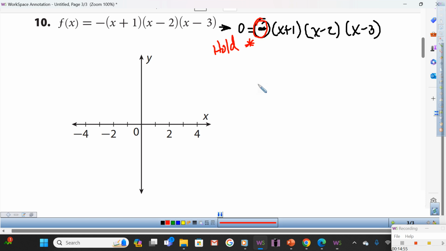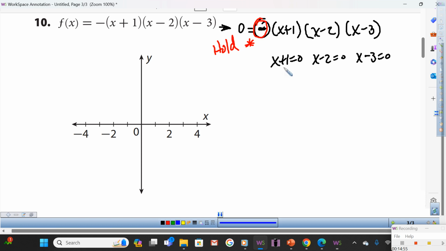We're going to hold that for the end, and I'll show you why. Even though Courtney Jean said distribute that, we could have done that, but like I said, this has a specific purpose. So what we're going to do from here, check this out, we set each factor equal to 0, like if we were looking at it the same as before. So this is x plus 1 equal to 0, x minus 2 equal to 0, and x minus 3 equal to 0, and we solve.